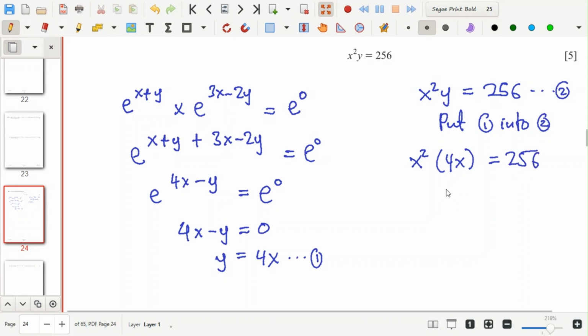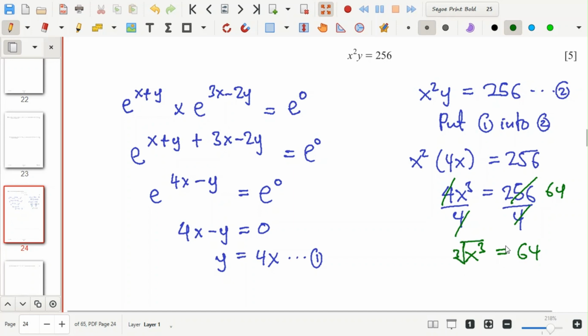If you solve this, you get 4x cubed is equal to 256. If you divide both sides by 4, you should get 64. So you find the cubic root of both sides. So x will be 4.